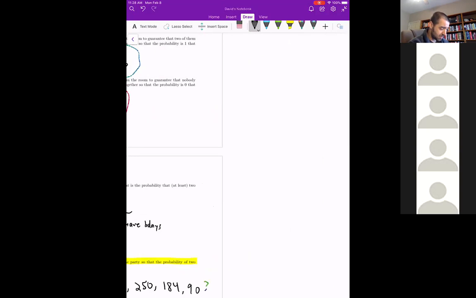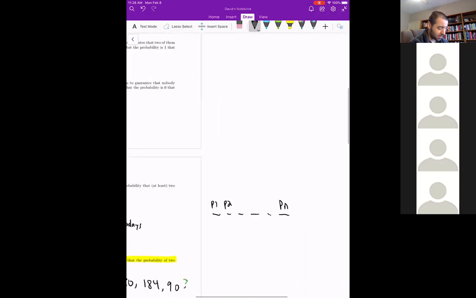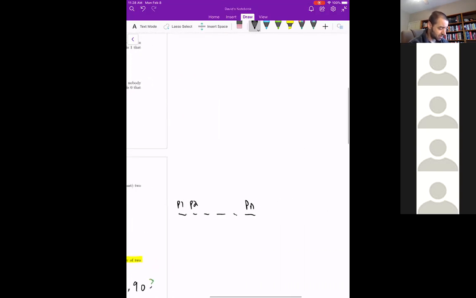Okay, so let's think about the bottom first. I have person 1, person 2, person 3, person 4, dot, dot, dot, person n. If we're doing the denominator here, the number of ways people can have birthdays, how many options are there for person 1? How many possible birthdays do I have? 365.